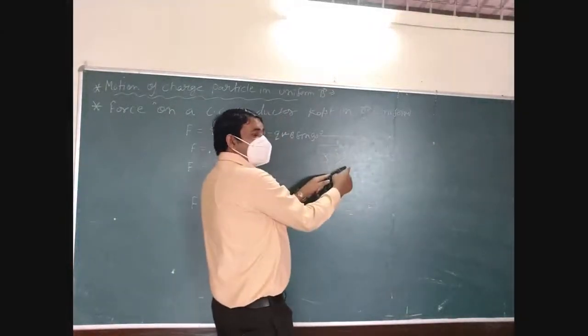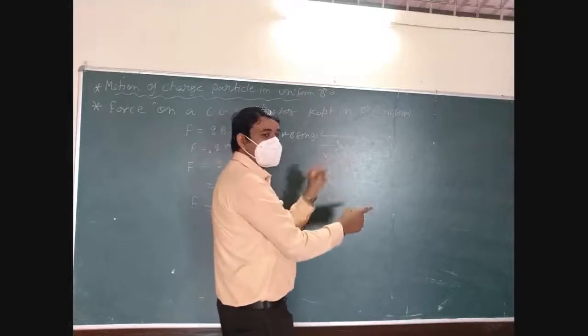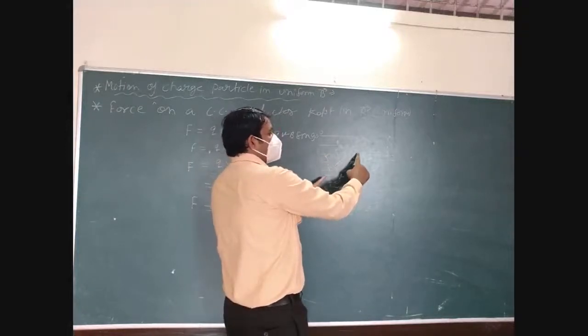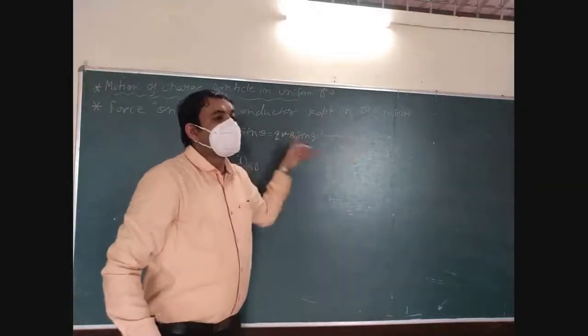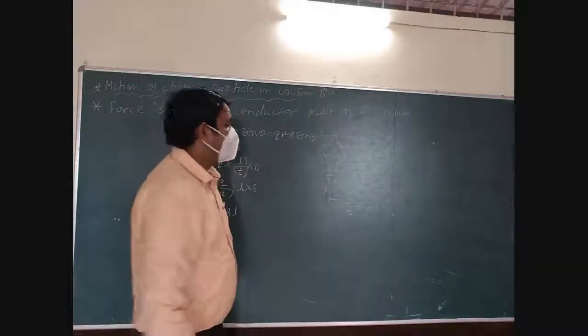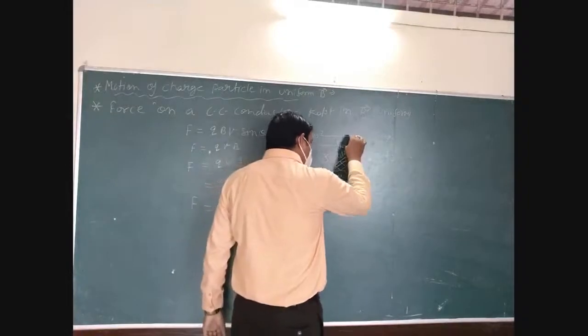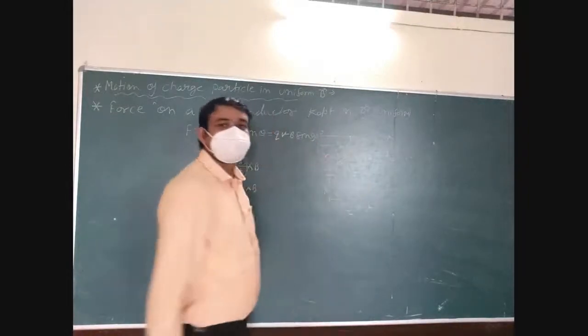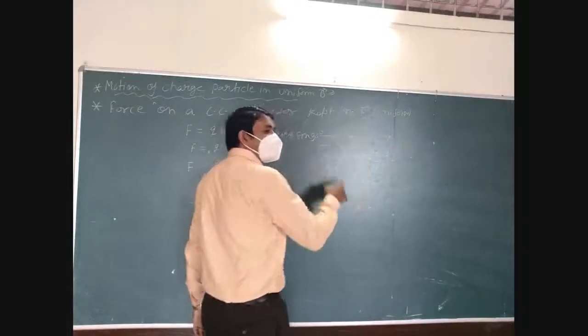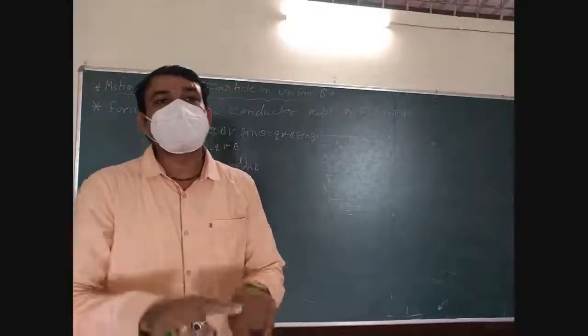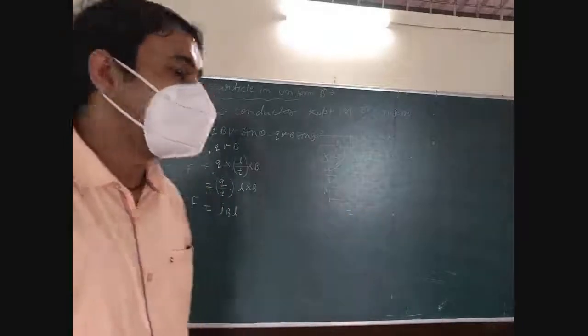Here we observe that this current element makes an angle theta with the magnetic field. When it is inclined with the magnetic field, 1, 2, 3 and 4 lines are intersecting it, and if the conductor is placed so that it makes an angle 90 with the magnetic field, we get the maximum value of field linked with it.